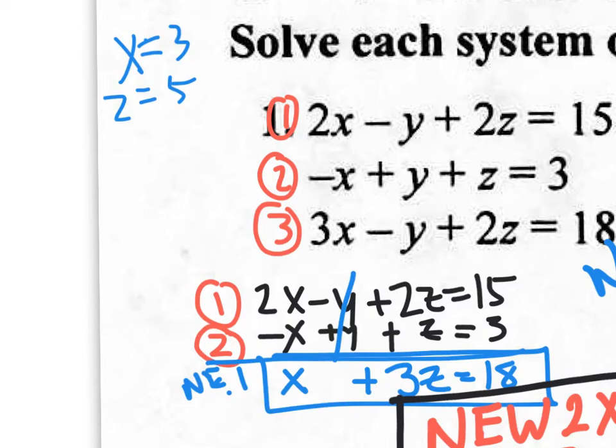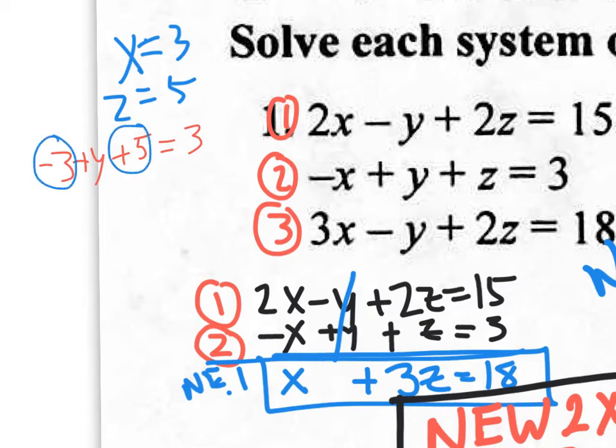So we're plugging in negative x. That will be negative 3, plus y. We don't know what y is, so we keep it plus y. And then plus z, that's a plus 5, equals 3. Is everybody with me? Okay. So now let's combine like terms. The negative 3 and the positive 5 are on the same side of the equation.